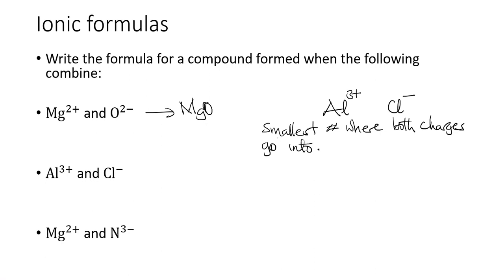So I'll look for that number. And I think that number is 3. So I'll put 3 here, because this 3 here can go into this 3 one time. This negative is the same as negative 1, only that we don't put the 1. So this 1 here can go into this 3 times.